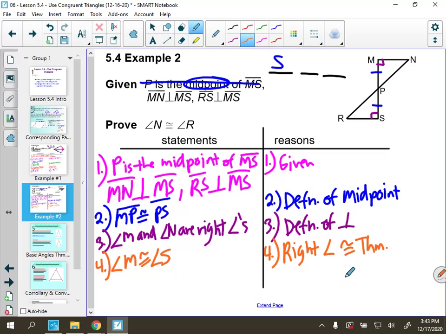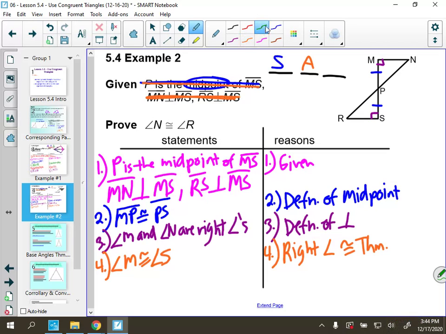So that's good for us. Awesome. We've got an angle. We're in the same position as we were in the last proof, where we've exhausted all of the given information. So our only option at this point is to look at the picture and see if there is anything else I can add and still be able to justify.